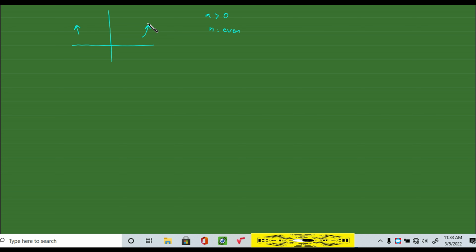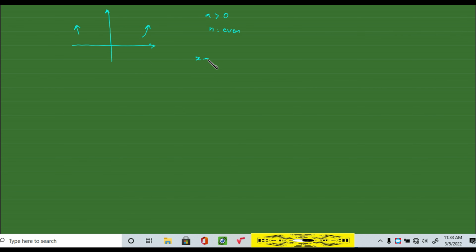It's even, and a is positive, so both ends are going upwards. From here I can write the ending behavior. If you forgot, go back to one of the categories I provided in class and look at the table.